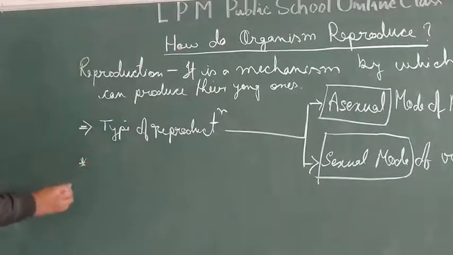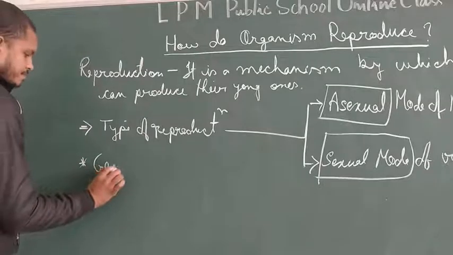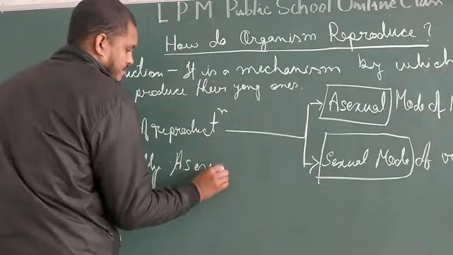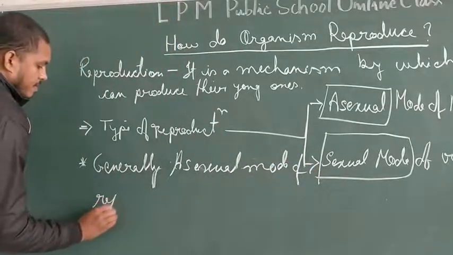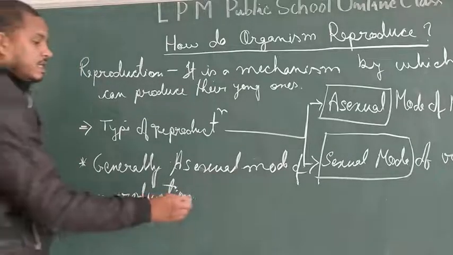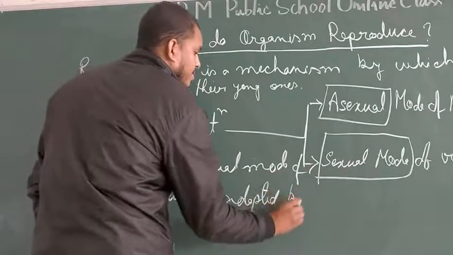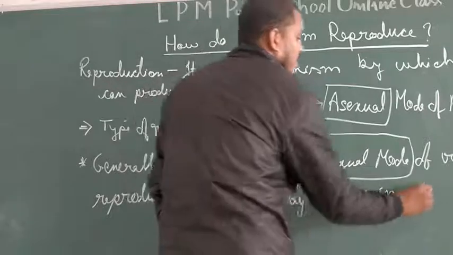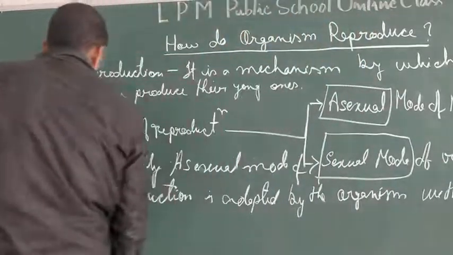Generally, see, there are exceptions in science, but still, generally, the asexual mode of reproduction is adopted by organisms with simple body organization.